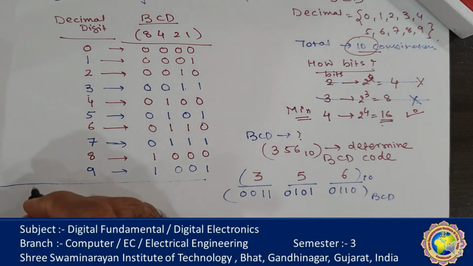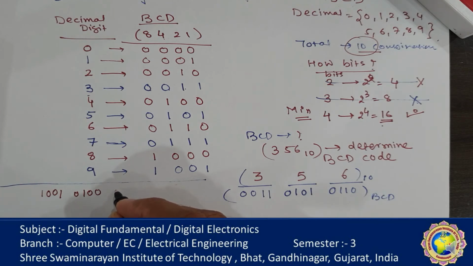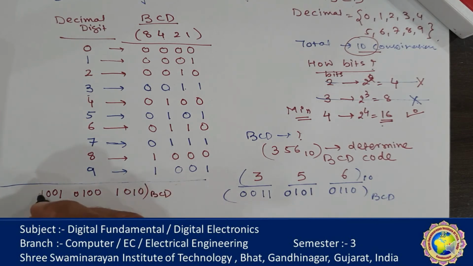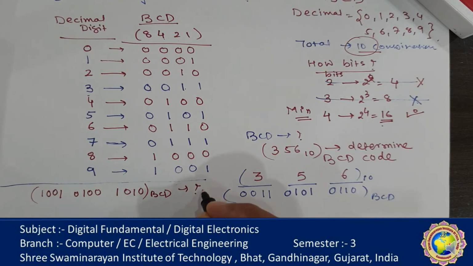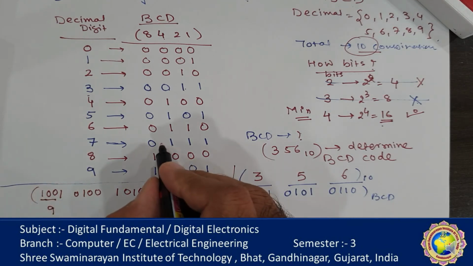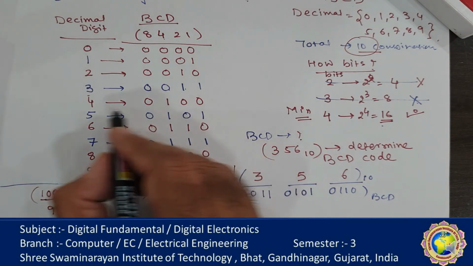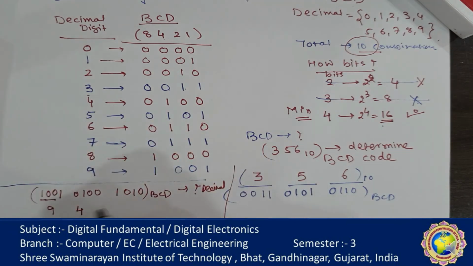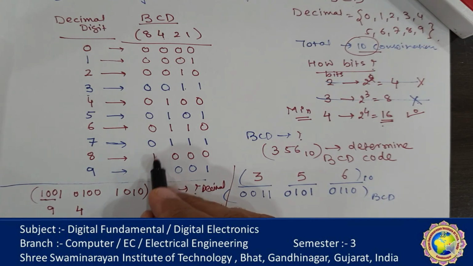Suppose vice versa, the number given is 1001 0100 and 1010 BCD, convert into decimal. So 1001 is equal to 9, 0100 is equal to 4, and 1010 is equal to 10.